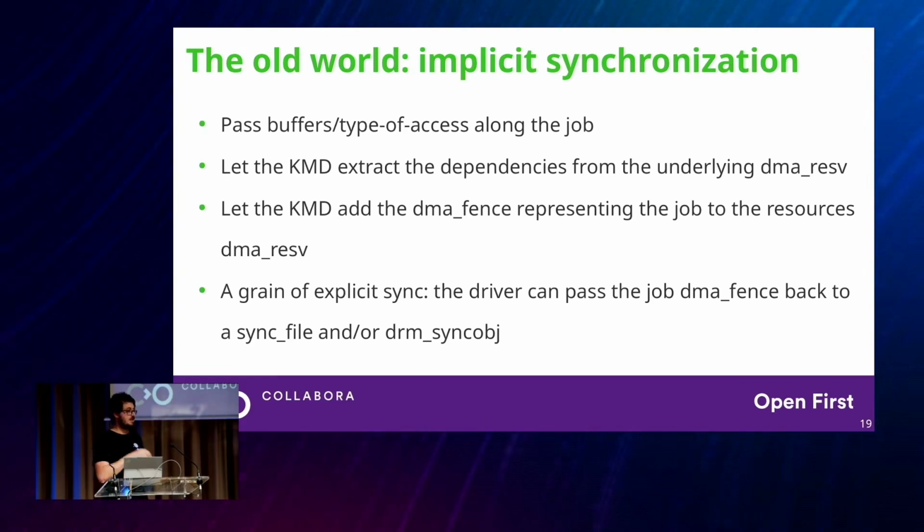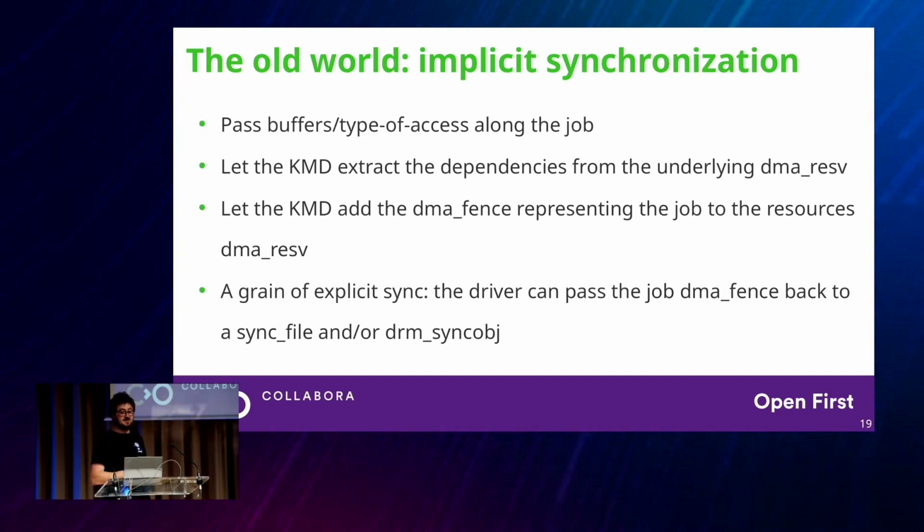And you also say, I'm going to read or write each of them. Then the kernel driver extracts those dependencies, and it adds them to the list of dependencies that is attached to the job. And when the job is queued, it also creates a fence and adds its own fence to the buffer object, so that the next one that wants to access this buffer also has to wait for the new job that's targeting it.